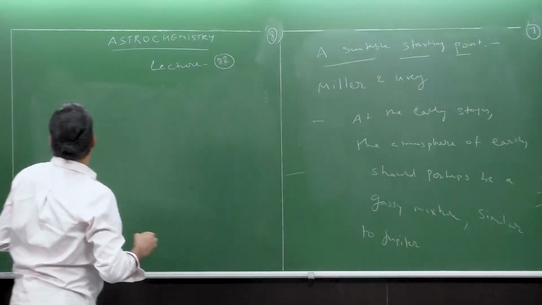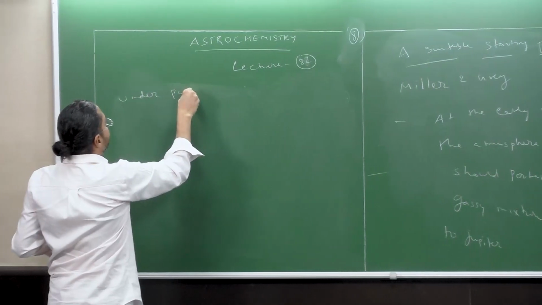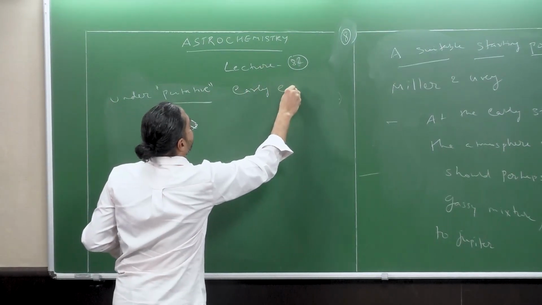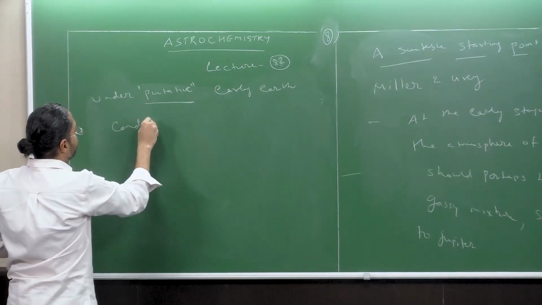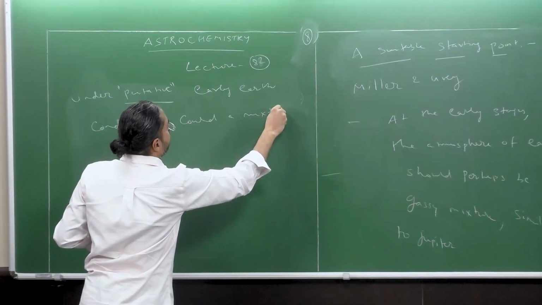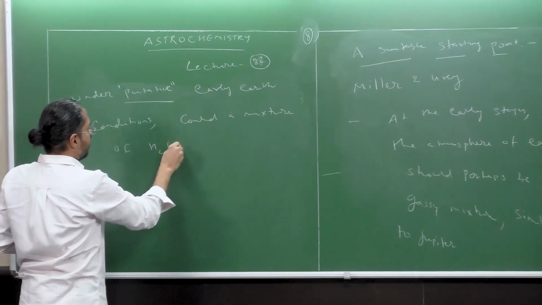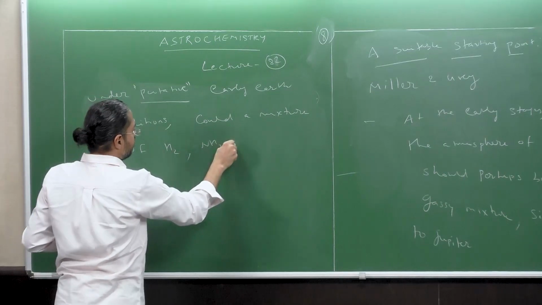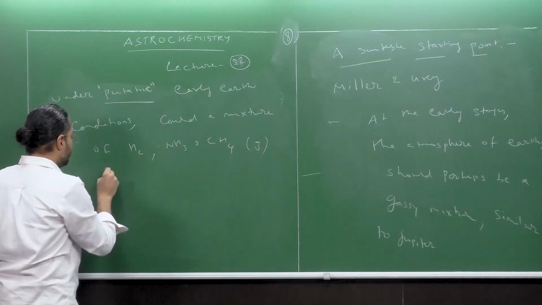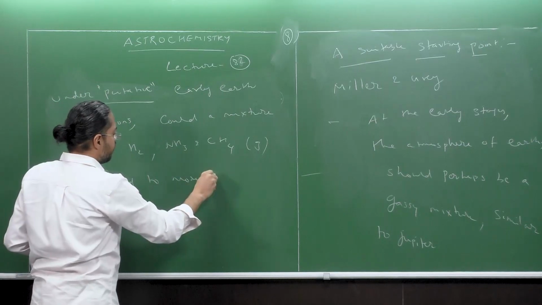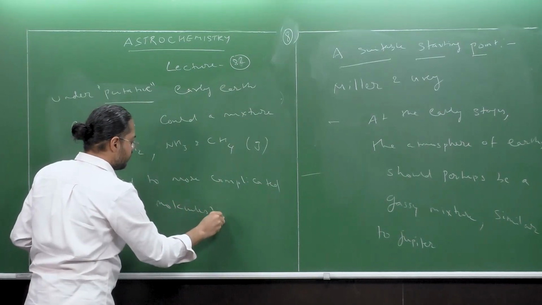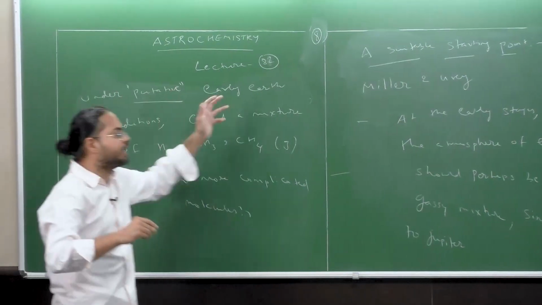In other words, under putative early Earth conditions, could a mixture of hydrogen, ammonia, and methane, all in the gaseous state, lead to more complicated molecules, which could eventually be connected with the molecules of life itself?